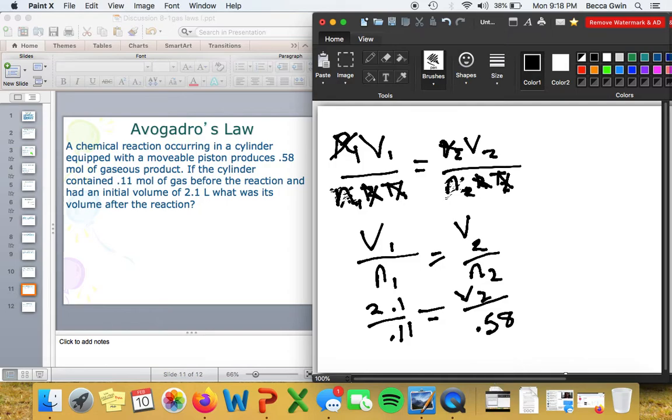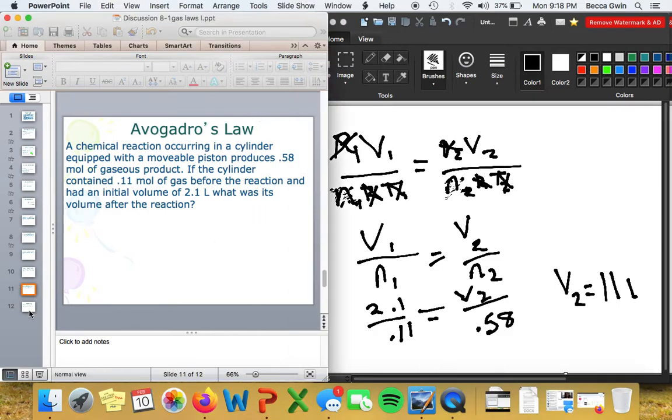So ultimately, again, you're going to cross multiply and divide, solving for V2 after you increase the number of moles. And that is going to give you, as you would expect, a higher amount of volume. And that answer is 11 liters. So that is an example of how to use the whole combined equation.